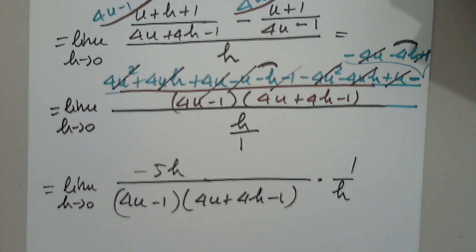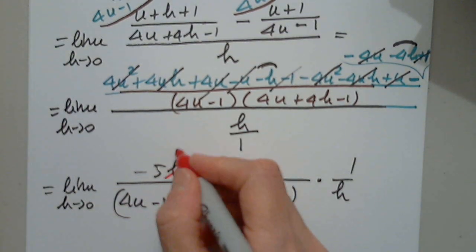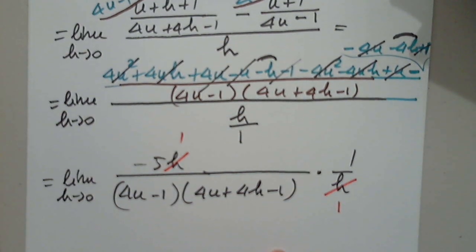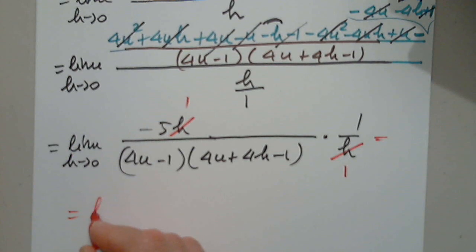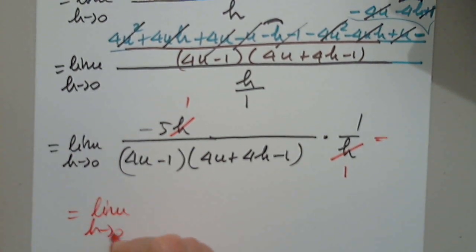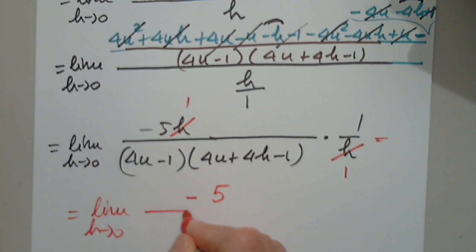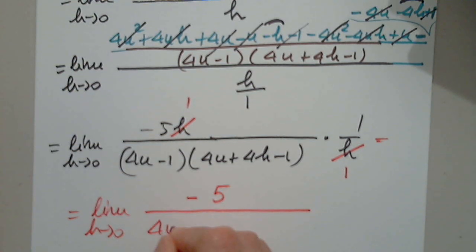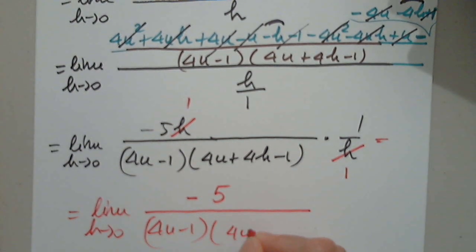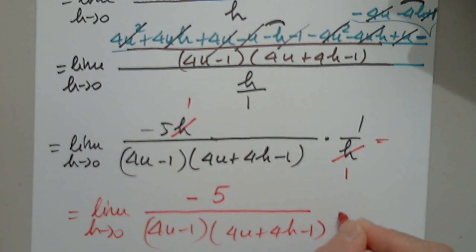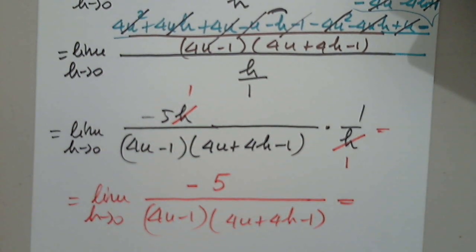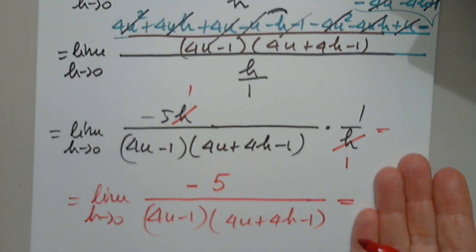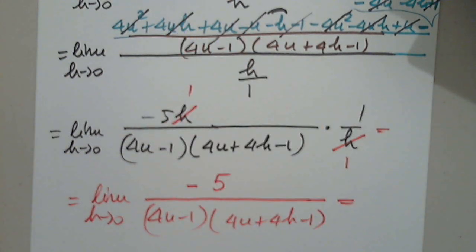The h's have to cancel out. Yes, they simplify. Perfect. Now we can write it one more time: the limit as h approaches 0 of minus 5 over 4u minus 1 times 4u plus 4h minus 1. Now we apply the limit operator. It goes away, and we have an answer, which is a function of u that is the derivative of the original function.